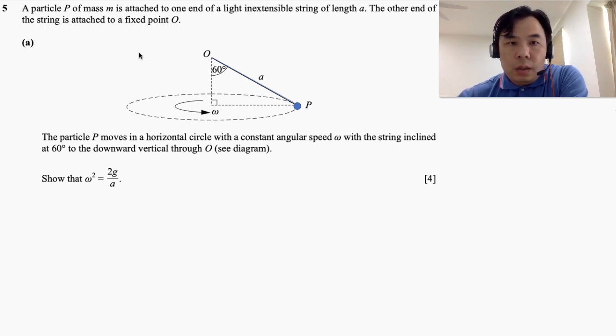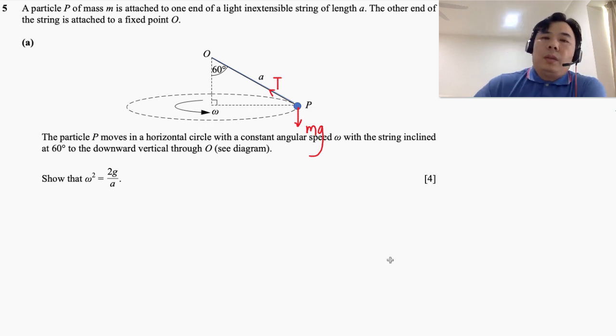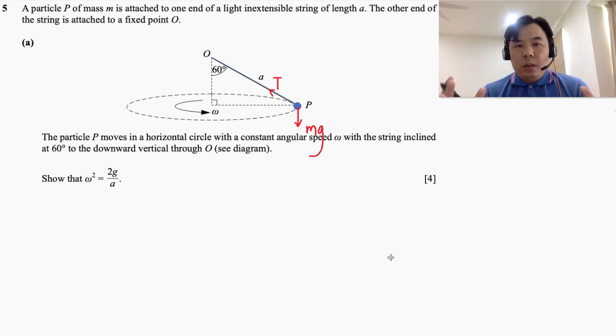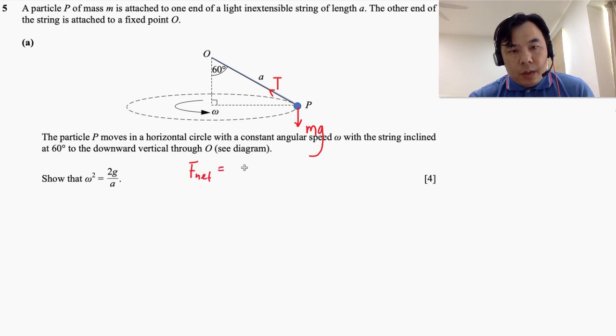So first of all, we have the weight acting downward, which is mg, and then we have a tension here. Those are the only forces acting on the system. Next we apply Newton's second law. The resultant force is given by ma.